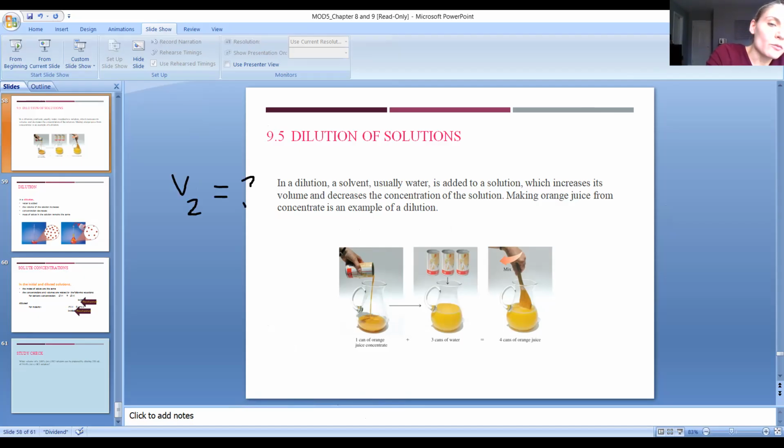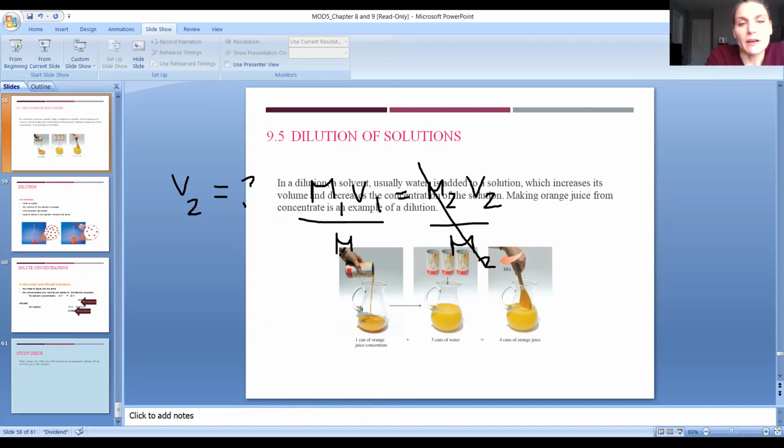So remember, M1 V1 equals M2 V2. We want to know what V2 is. So we're going to divide by M2. This cancels out. And so what happens is that your V2, we don't know.